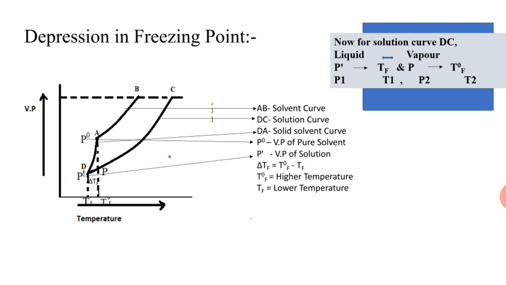By using this information, for the solution curve DC, where P dash is there, at that time the temperature is Tf, and when the pressure is P, at that time the temperature is T0F. So P1 T1 and P2 T2. Here P1 is P dash, T1 is Tf, P is P2 and T2 is T0F.